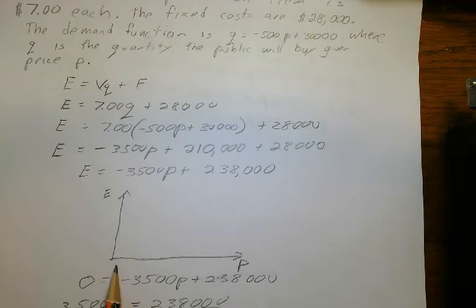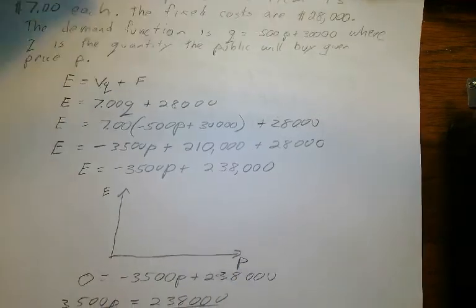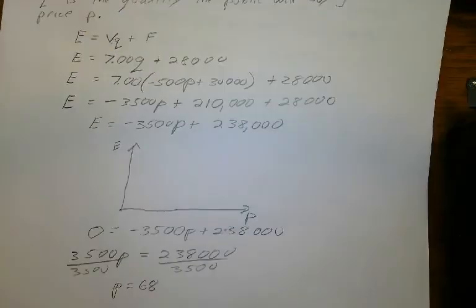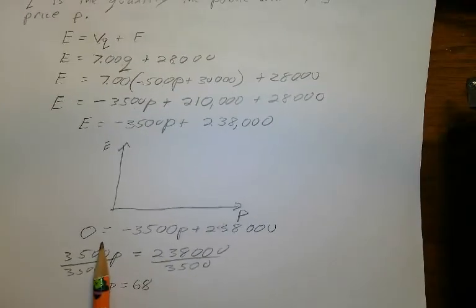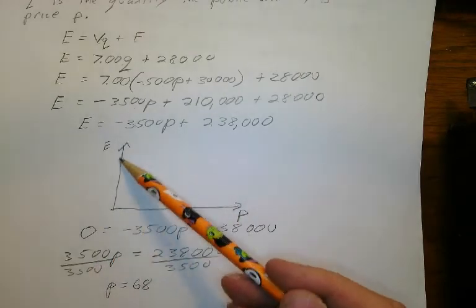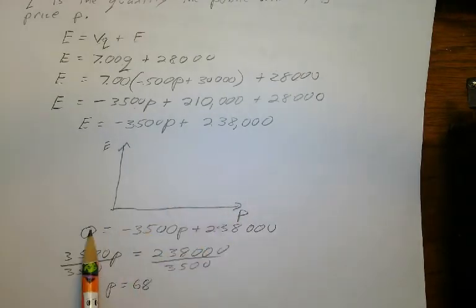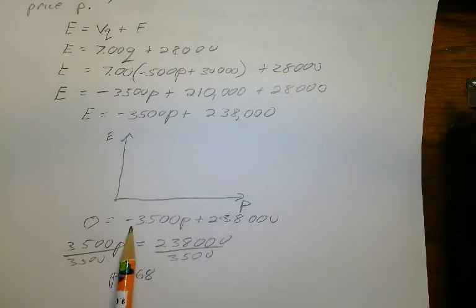So to find out what window we should set our horizontal axis up to be, we're going to set our expense function equal to 0. Because along this horizontal axis, expense is 0. So I plug 0 in for the E. And then if we solve that for P, I added the 3,500 to each side.